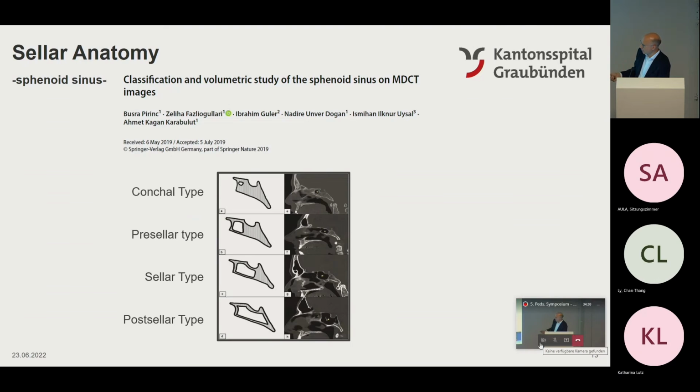They call it conchal, presellar, sellar, and postsellar type. And in most of them, it's fully developed. But when you encounter those patients with such a Sella, it makes surgery difficult, because you have to drill much more bone to access the Sella.